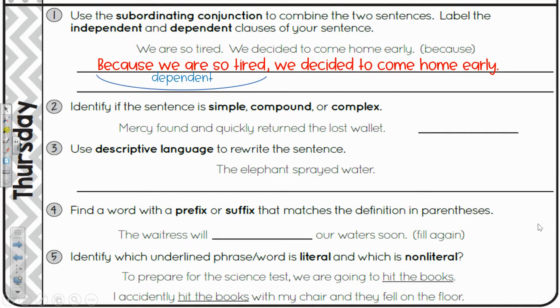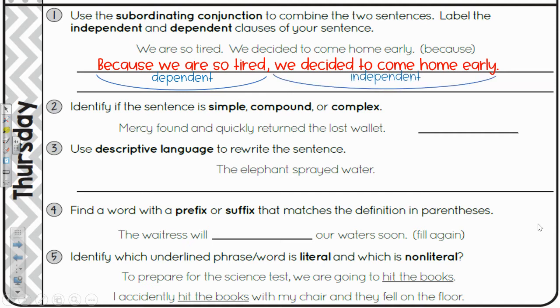The other clause is we decided to come home early. Ask yourself, does that have a clear subject and predicate? Yes, we is the subject, and the predicate would be decided to come home early. So that is a simple sentence all by itself. Therefore, we should label that as an independent clause.